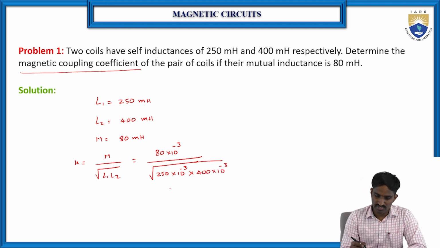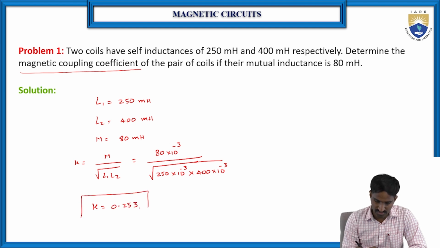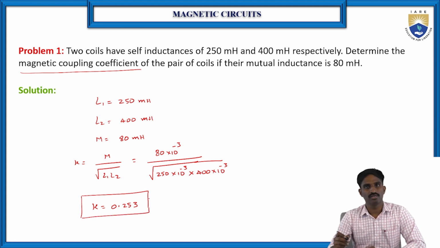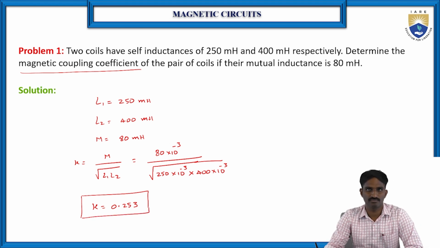If you simplify this, you will get the magnetic coupling coefficient K equal to 0.253. This is a constant value, so it doesn't have any units. So K is equal to 0.253.